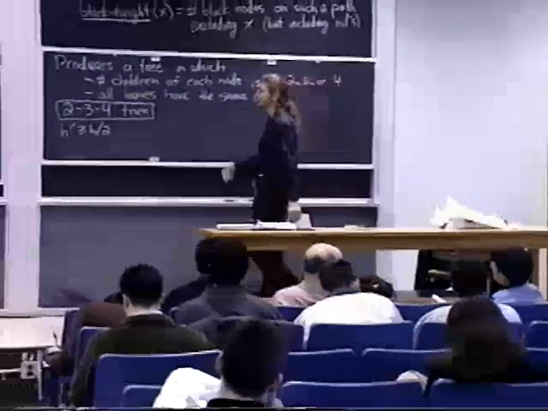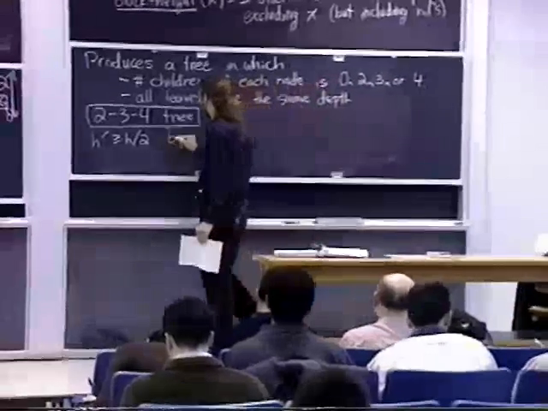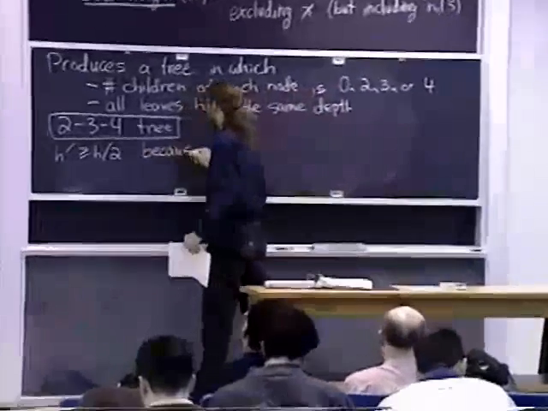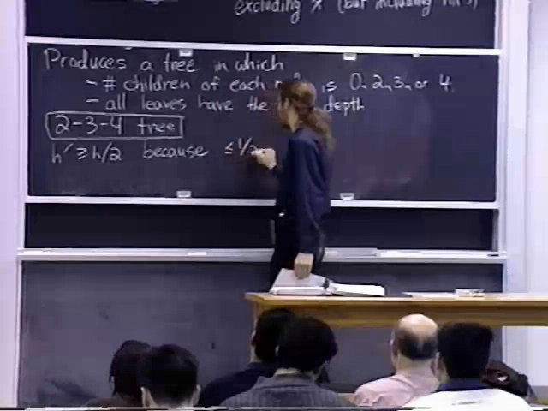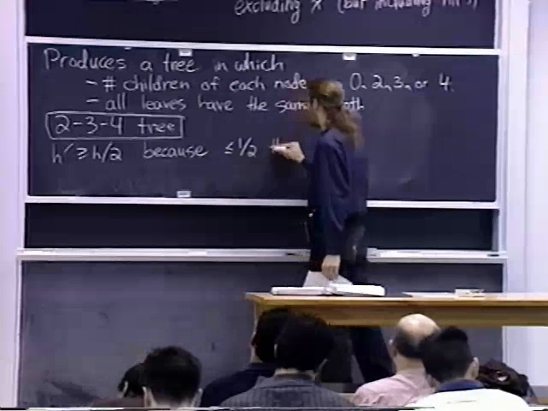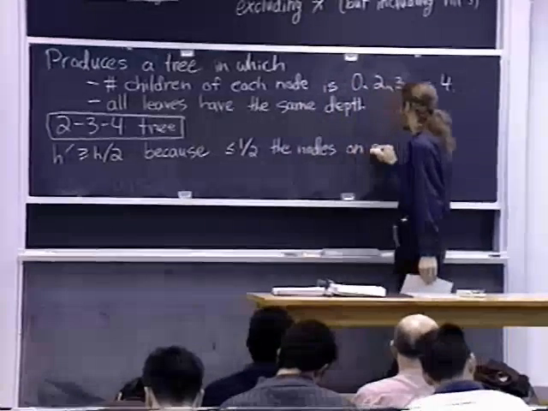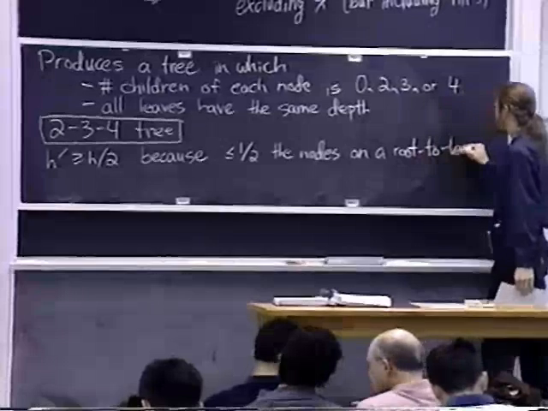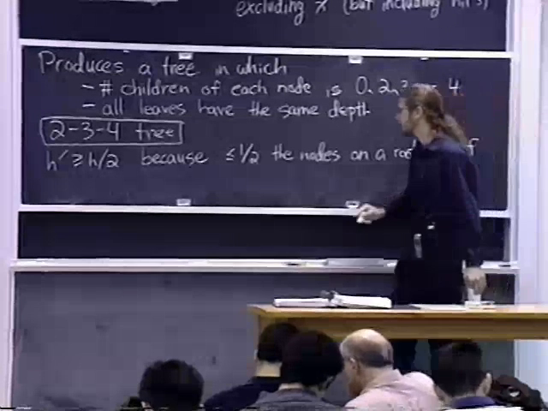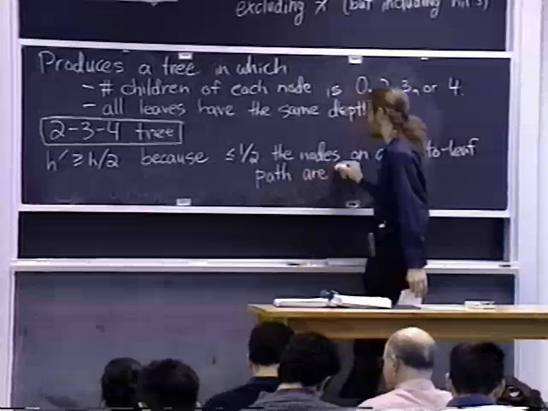Any path from the root to the leaf, only half the nodes can be red. So if we take some root to leaf path, at most half the nodes are red.